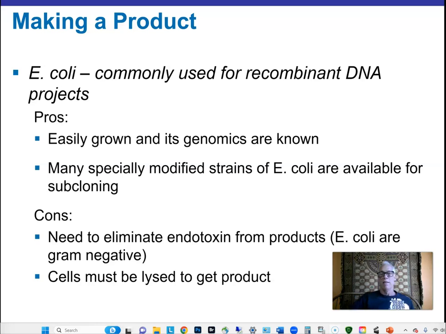And the problem with that is E. coli are gram-negative bacteria. So they have terrible lipopolysaccharide on their outer membrane, which is very, very toxic to humans. So we have a big cleanup job to do to get rid of all that endotoxin, it's called, from the whole process. So that's a bummer.